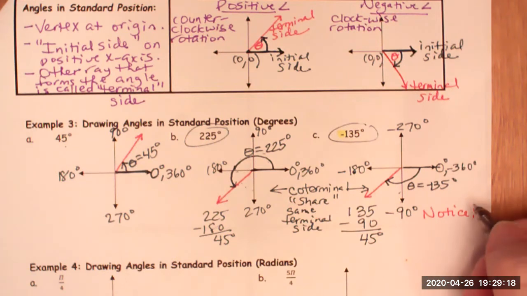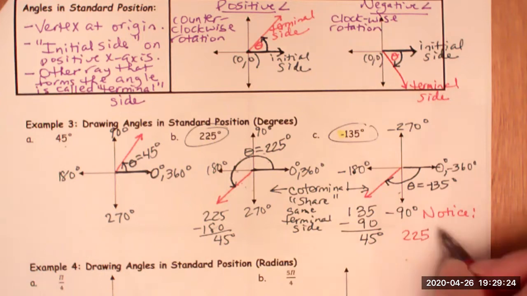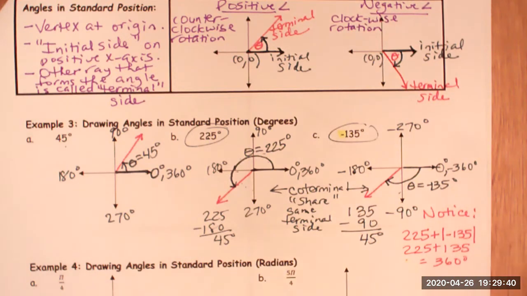If I were to take 225 degrees here and add in the absolute value of the negative measurement, 225 plus 135, sure enough, I get 360 degrees. So if you take a positive and a negative angle that are coterminal, that share the same terminal side, and we add the positive to the absolute value of the negative, you will get 360 degrees.